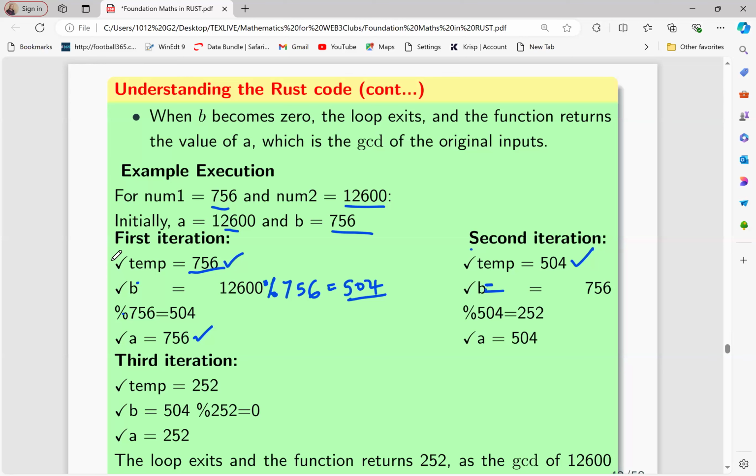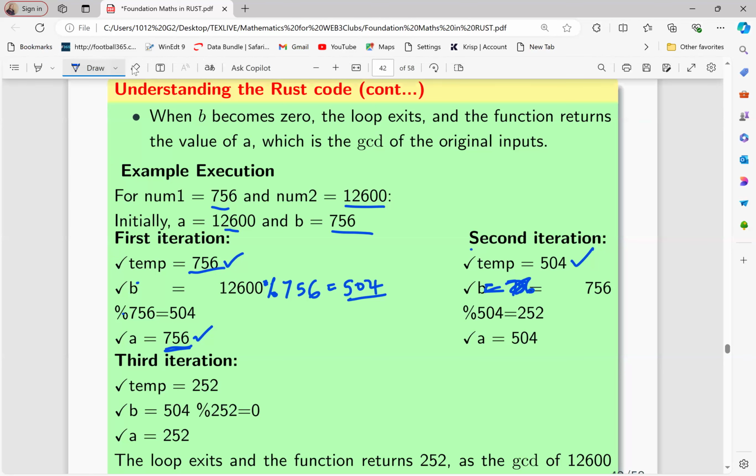Our A is 756 now. Oh, I've written it here. It went to another step, because I think the space was small. So B is the remainder of this on division by that. And this remainder is 252. So this is our B.